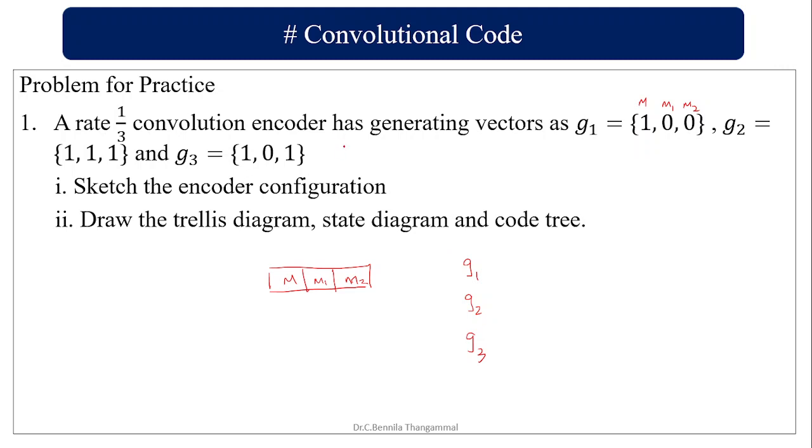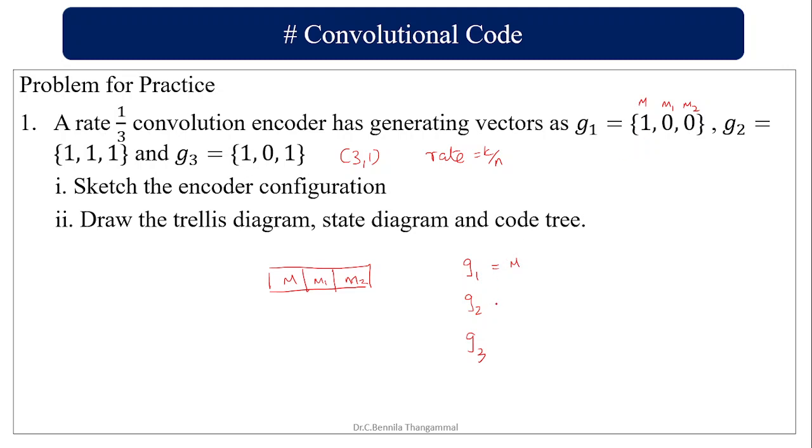So we can say this as a 3, 1. And your rate is given by K by N. So rate is given by the formula K divided by N. That's why 1 by 3 is your rate, a 1 by 3 convolution encoder. From that, I can say I have 3 outputs, 1 input. That's why 3, 1.